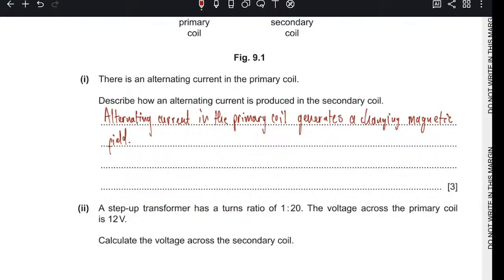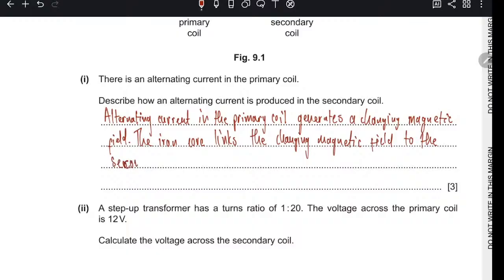Now say the iron core links the changing magnetic field to the secondary coil. Okay, then what happens? What happens?